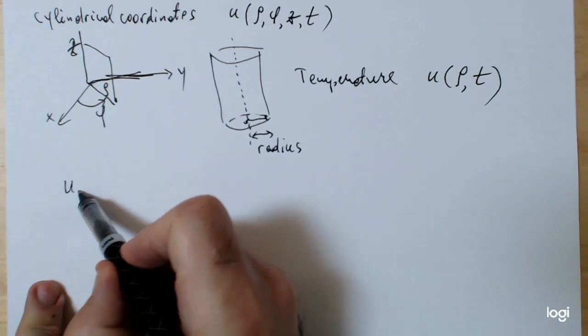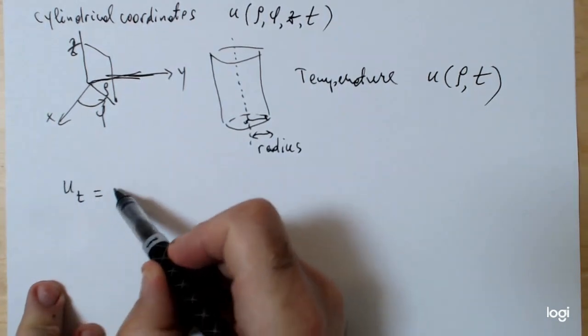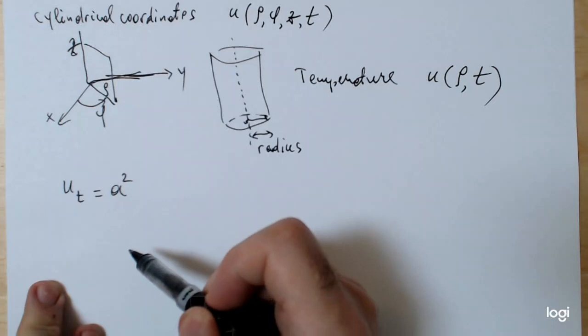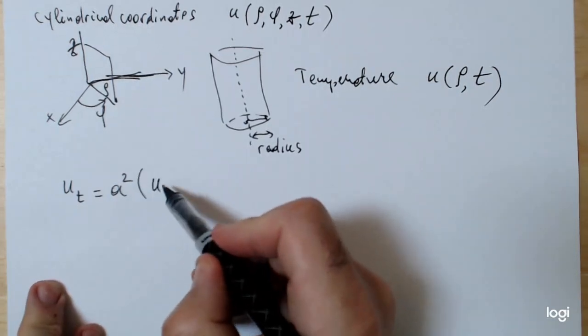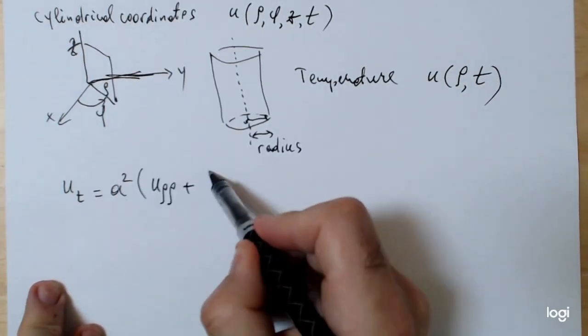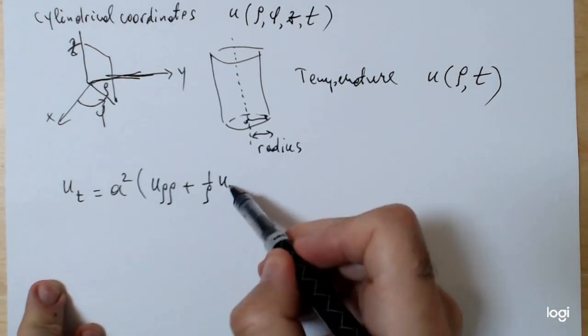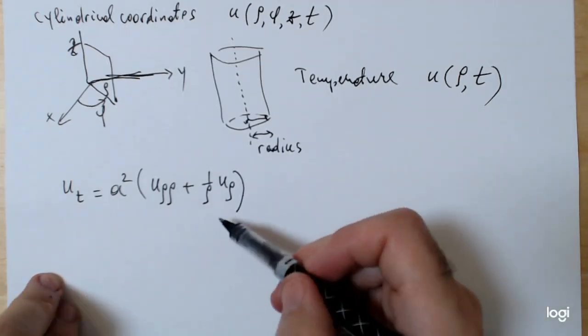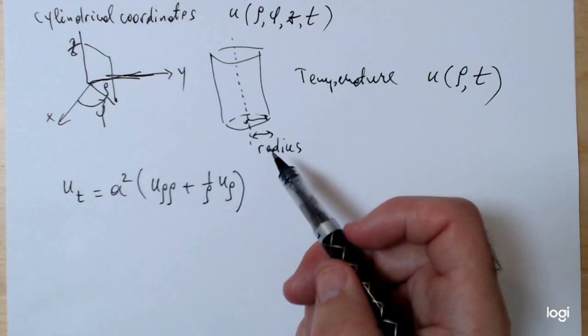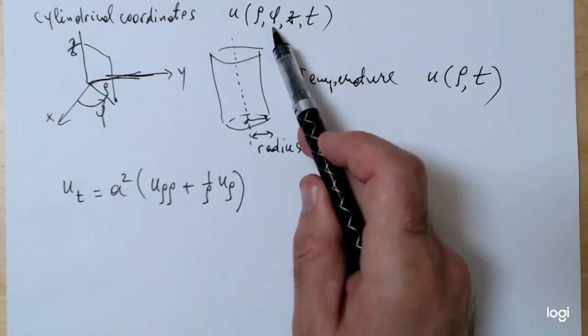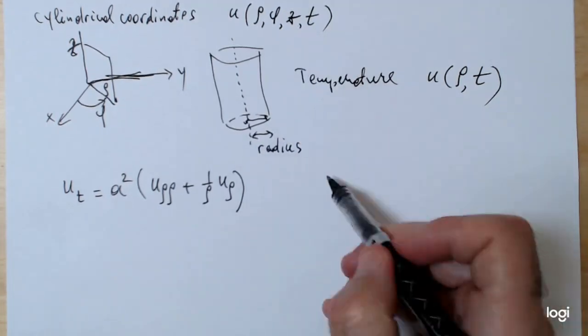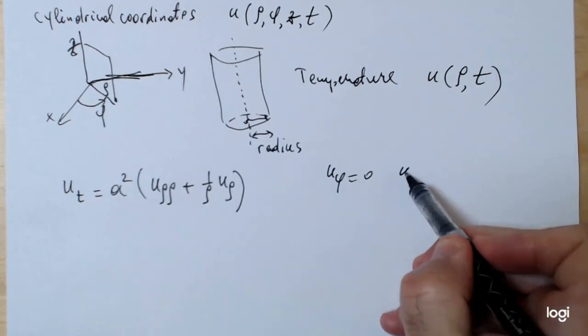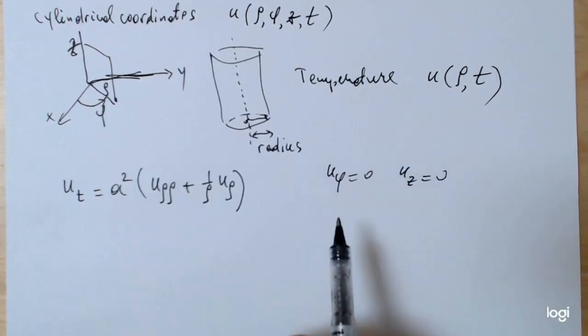The heat equation would be U partial t equals some conduction term a squared, times U partial rho twice, plus 1 over rho U partial rho. So this would be the Laplacian in cylindrical coordinates, assuming that there is no dependence on phi and z. So all partial derivatives with respect to phi and z will be 0.